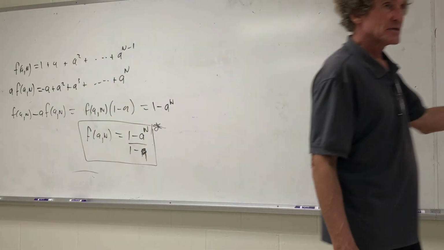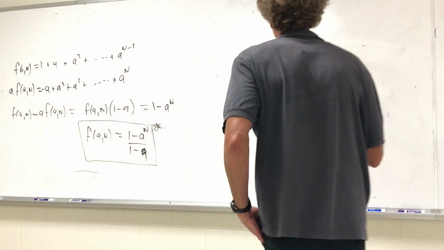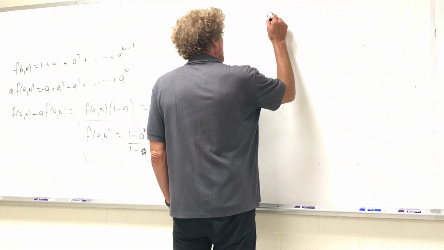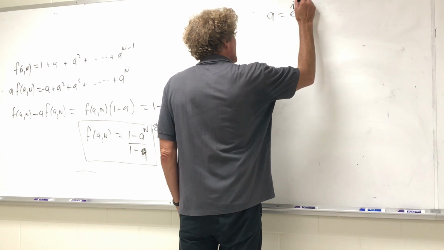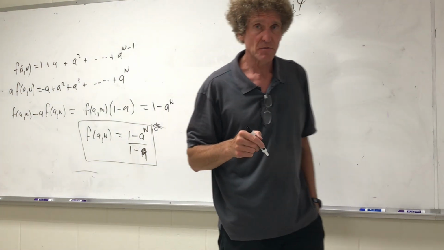But look at what I actually have here. Isn't my a actually e to the j psi? That's the thing that keeps repeating with different higher powers.